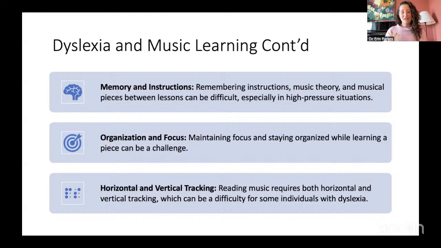But if you add in the vertical tracking, it's really a lot for someone with dyslexia to process. So we'll talk about some ways that we can adjust for this. So things like just chording more with the left hand and working with sort of a lead sheet so they're not having to read vertically can help a lot.